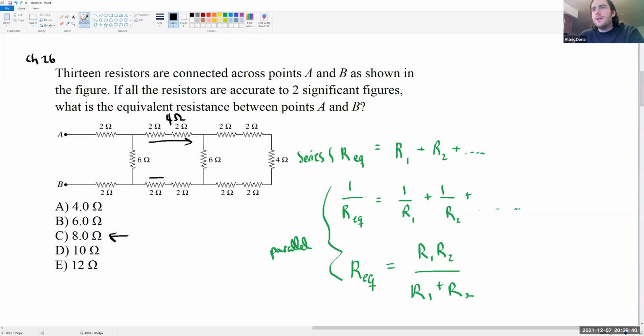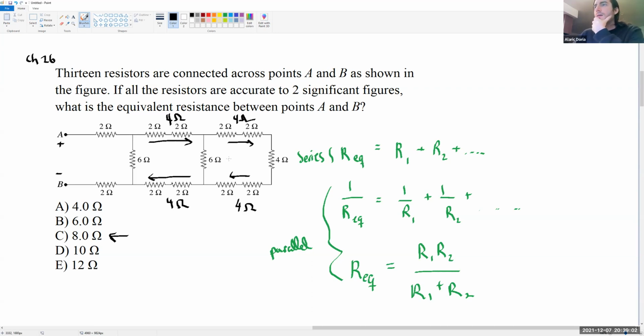And these two here also share the same current. The current would maybe flow in that direction if the voltage polarity was like this. So these two would be a 4 ohm. Again, I see right here we have a 4 ohm, and on the bottom here we have a 4 ohm.